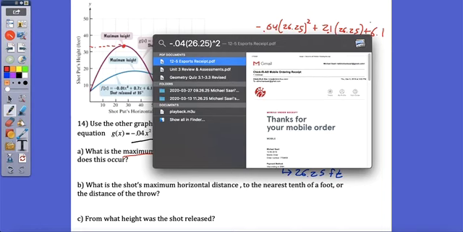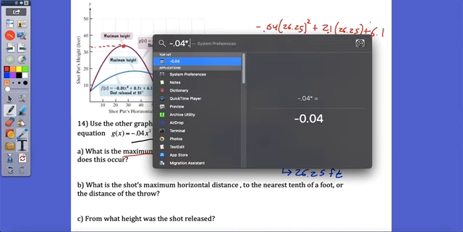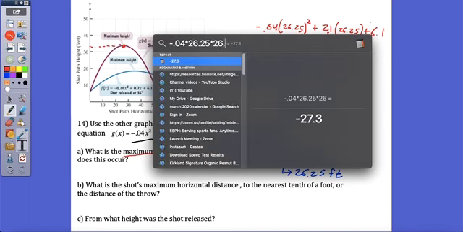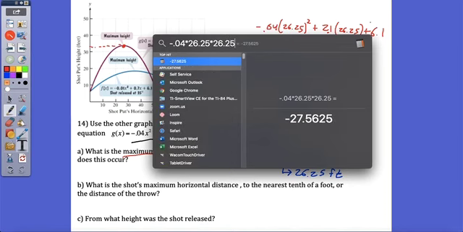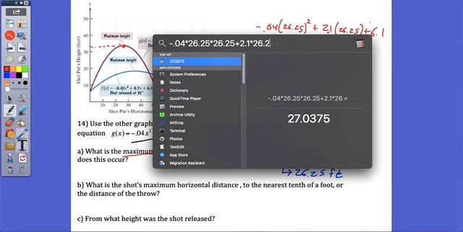Squared, plus 2.1 times 26.25 and then plus 6.1.